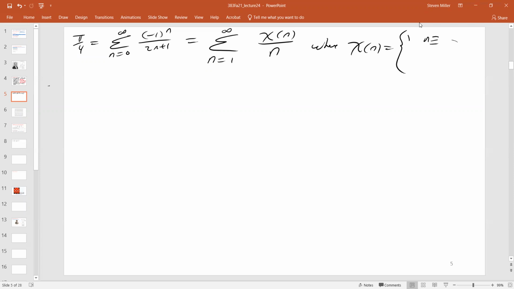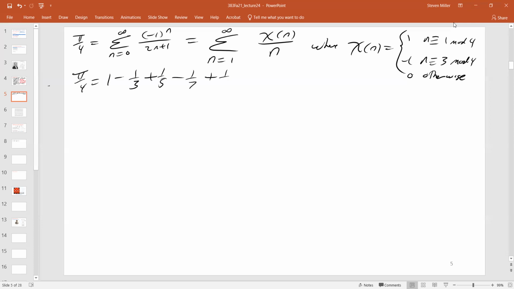I think it's 1 mod 4. -1 if n is congruent to 3 mod 4, and 0 otherwise. This is the pi fourths is 1 minus a third, plus a fifth, minus a seventh, plus a ninth, and so on.